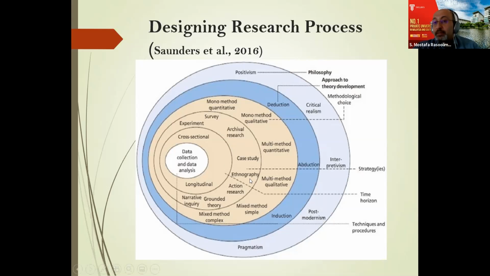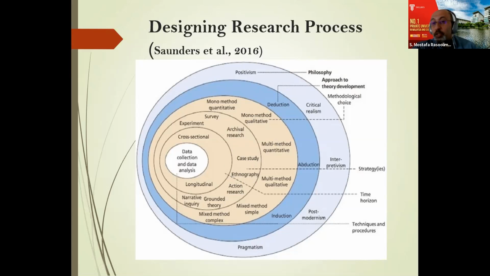For quantitative and qualitative, some research strategies can fit. For example, for grounded theory or ethnography, we cannot apply an ethnography strategy to quantitative research. This is for qualitative research, right?